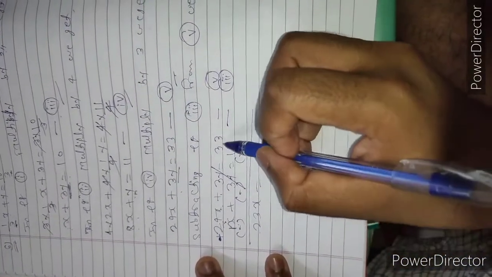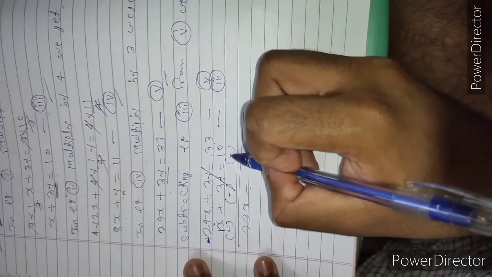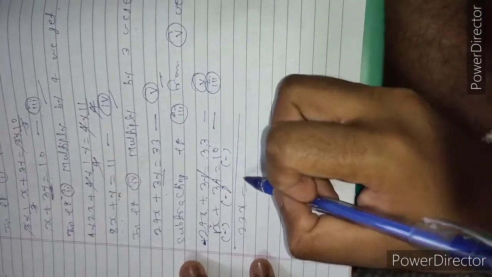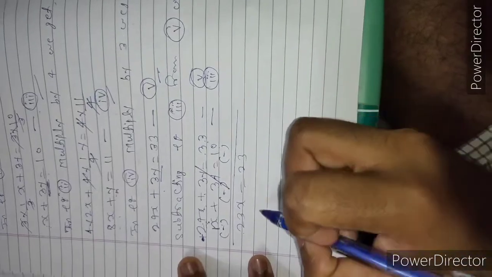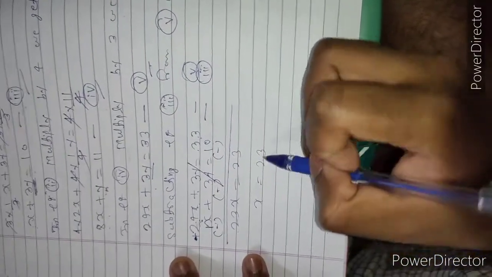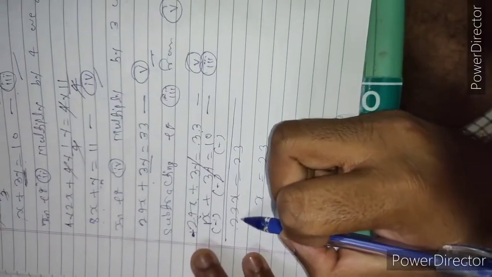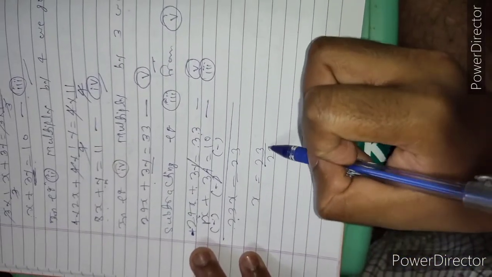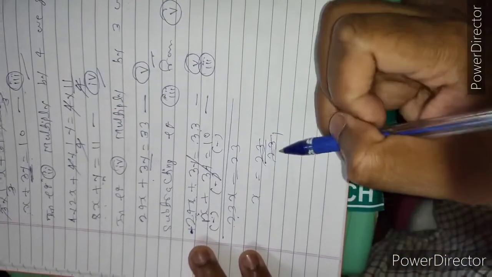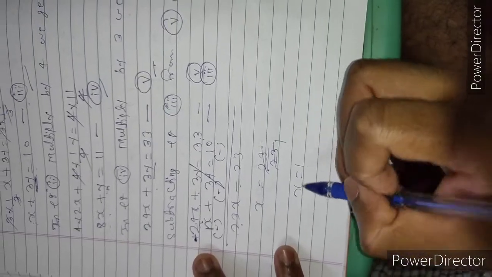Now 33 minus 10 becomes 23. So 23x is equal to 23. This 23 is multiplying here, so on the right hand side it will come as divide, 23 1s are 23, so x becomes 1. So x is equal to 1.